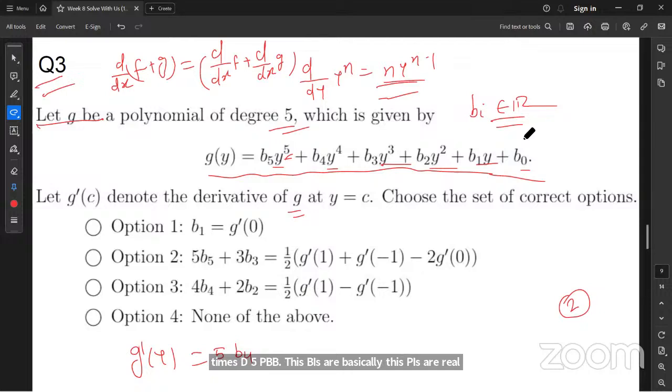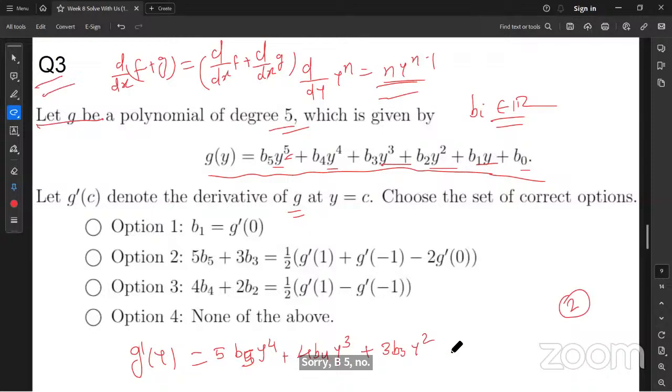It's just a constant. Plus 4 b4 y cube plus 3 b3 y square plus 2 b2 y plus b1. This b0 will become 0.